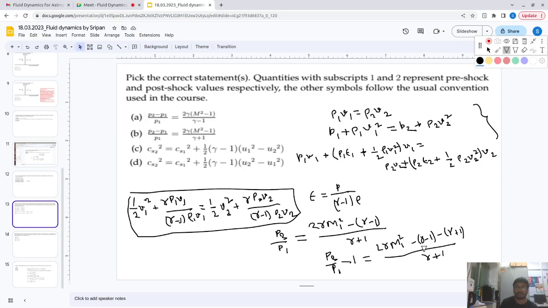So minus 2 gamma, so 2 gamma m1 square minus 1 by gamma plus 1. Okay, so this is your p2 by p1 minus 1. And another thing from this will be correct. I will leave it to you guys to calculate it. You can do that using these equations and some algebra.